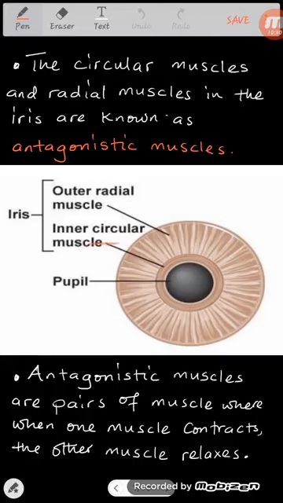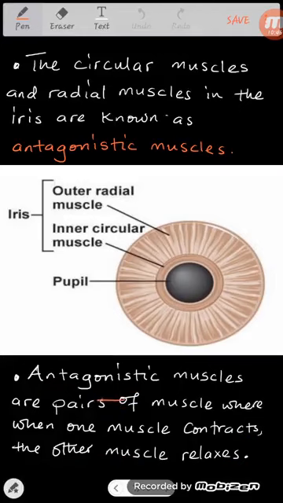Now, these two muscles are together called antagonistic muscles. Why do we call them antagonistic muscles? You must understand that antagonistic muscles are pairs of muscles where when one muscle contracts, the other muscle relaxes. So antagonistic muscles always move in pairs.